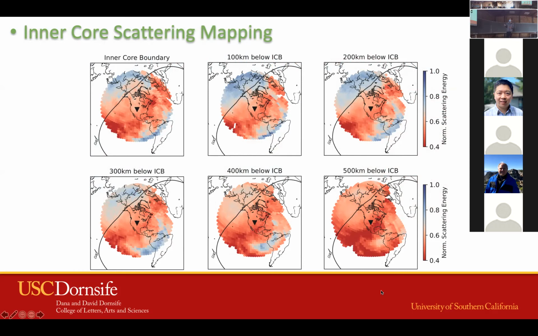And from these two maps, we can identify the pattern. The strongest scattering regions are in the northwest and also the southeast. The depth extension of these two regions is a little bit different. The northwest one goes as deep as 300 kilometers, and the other one goes 400 kilometers.